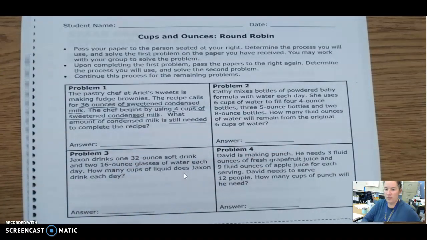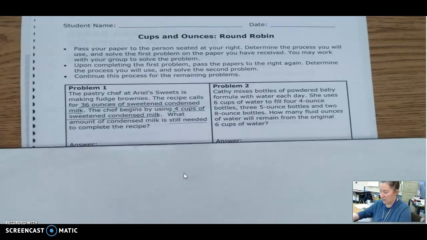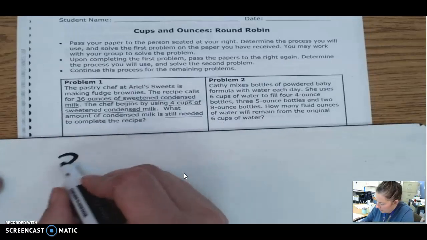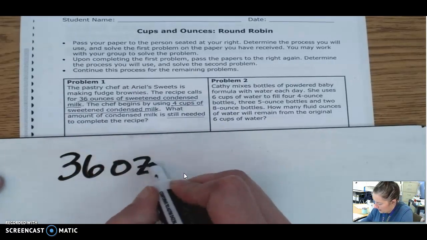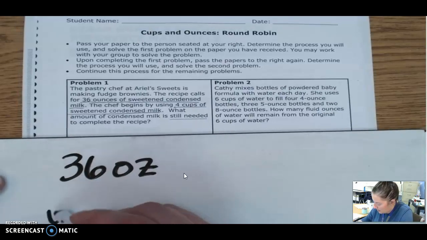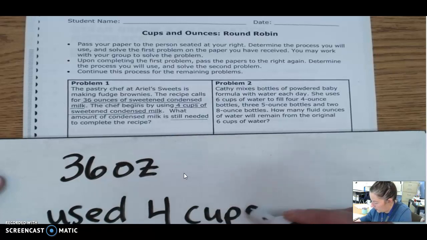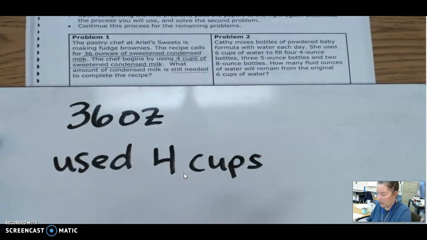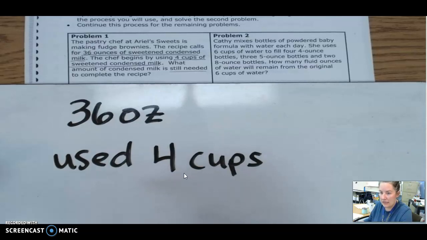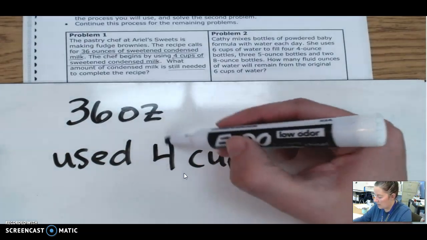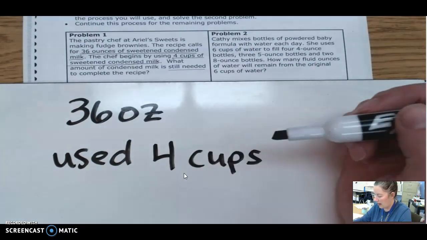So what do we know? We know that the recipe needs 36 ounces and the chef has used already 4 cups. All right, we want to know how much more they still need to use. Well, right now I'm dealing with ounces and cups.